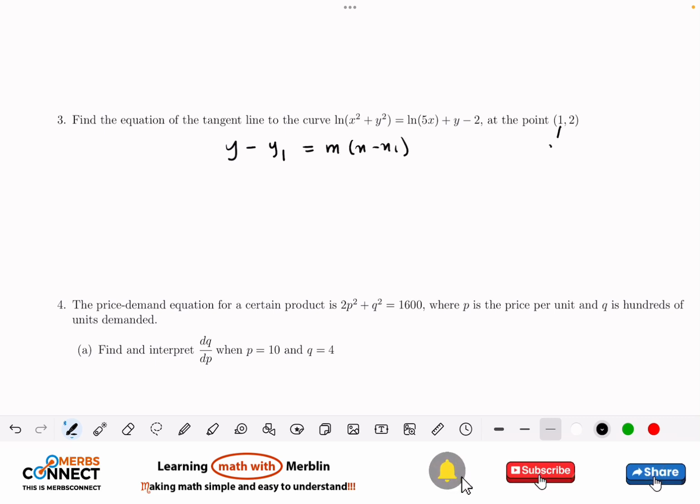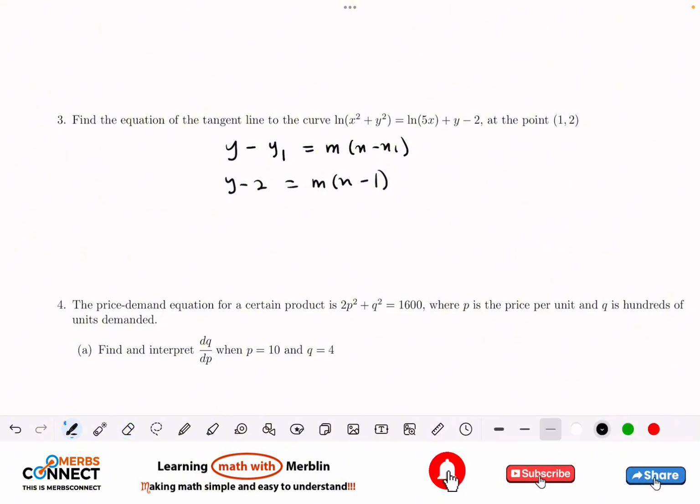Now this is x1, this is y1. So let's plug them in. We are going to have y minus 2 is equal to m times x minus 1. So the only problem here is m. For us to get m, remember m is the derivative. So we need to differentiate this one, plug in this, and then we just come and work with that. So that is the thing that we need to do now.